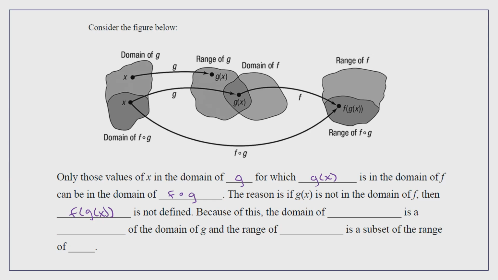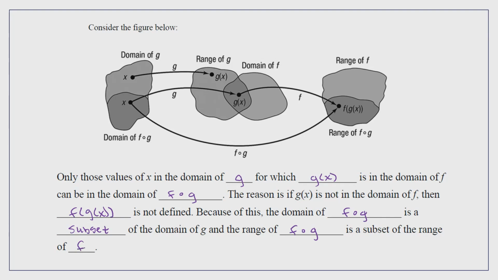Because of this, the domain of f composed with g is a subset of the domain of g, and the range of f composed with g is a subset of the range of f.